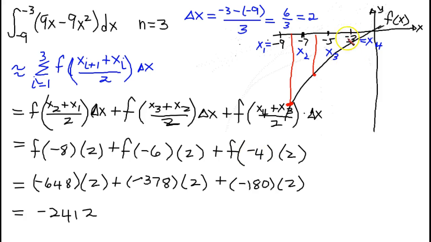And negative 4 is the midpoint between negative 5 and negative 3. These should be vertical lines. So what we've done is draw rectangles using these midpoints where they touch the graph.